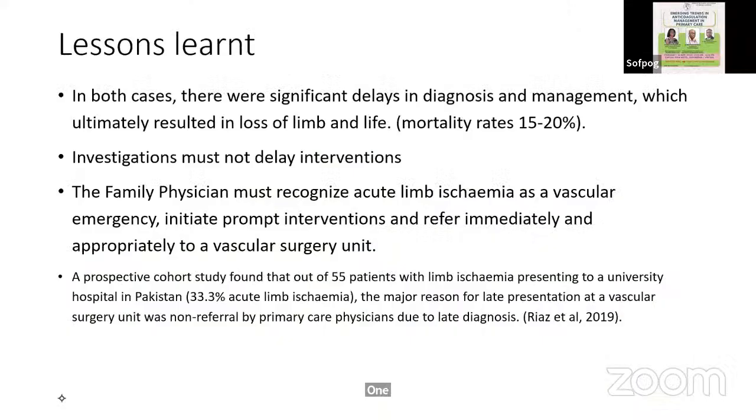In conclusion, the lesson I learned from these cases is that in both of them there were significant delays. For the first case, acute limb ischemia did not even come up at the initial facility where the patient presented, and it took 7 hours for the patient to present subsequently.